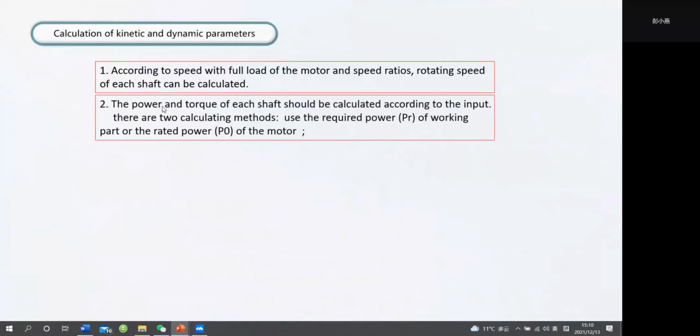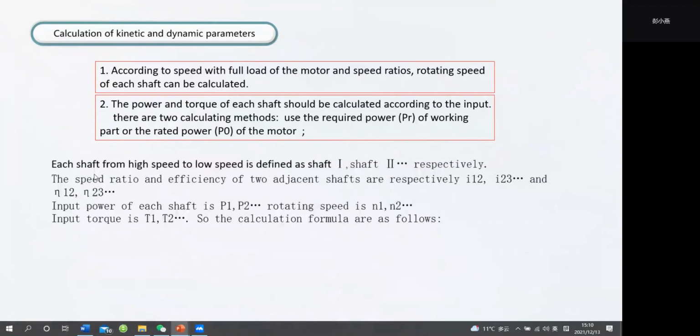And two, the power and torque of each shaft should be calculated according to the input. There are two methods. After determining the motor and the distribution of speed ratio, the transmitted power, rotating speed, and torque of each shaft can be calculated, providing the basis for the design and calculation of transmission components of the shaft.